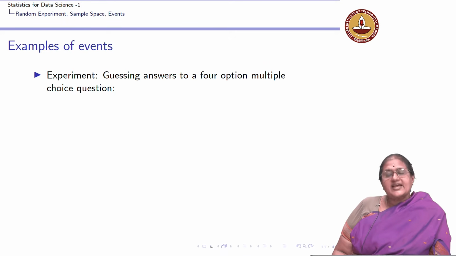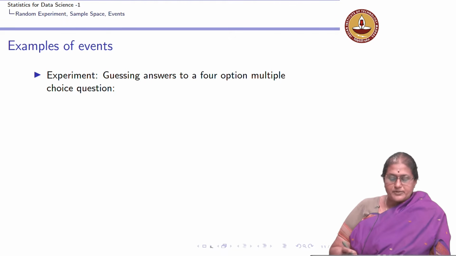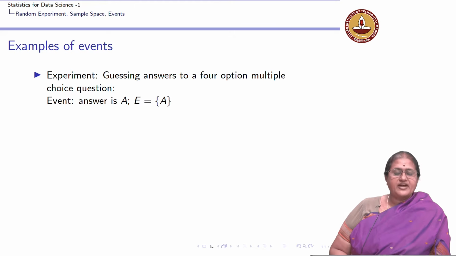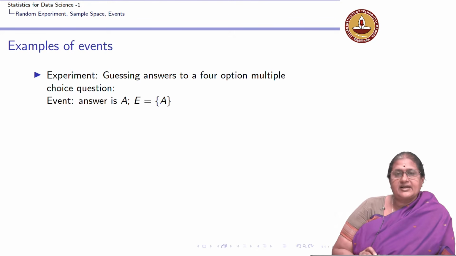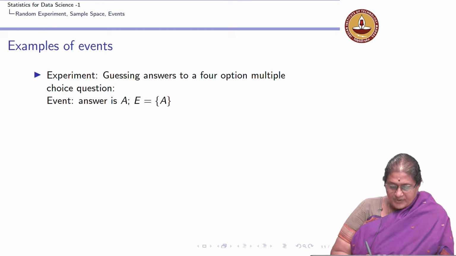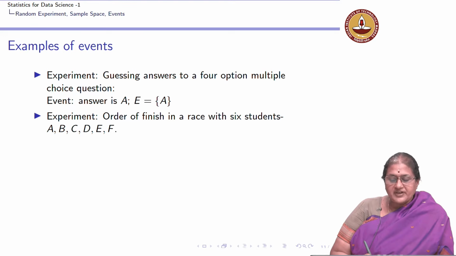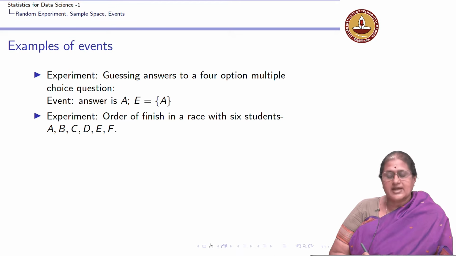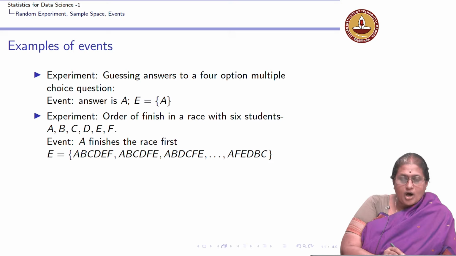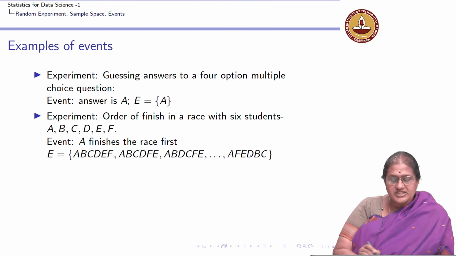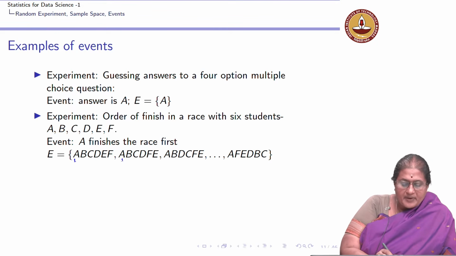When I am guessing an answer to a 4 option multiple choice question, I can define an event that the answer is A. I can represent my event as the singleton set A. Again, for the order of finish in a race with 6 students, suppose I define my event to be that A is the finisher who has come first in the race. The event would be all possible permutations where A has appeared first.